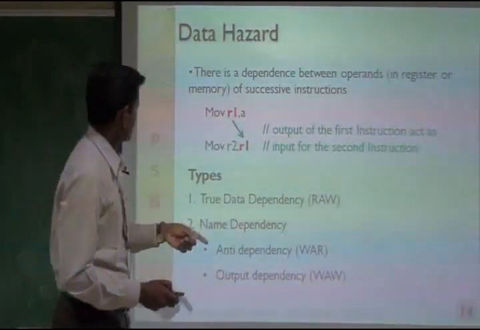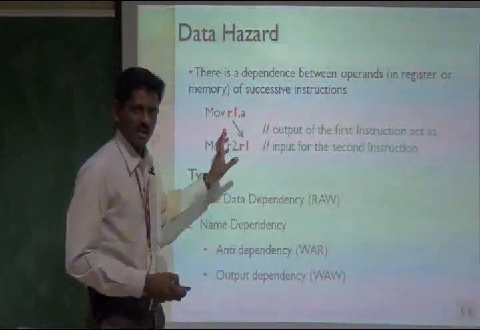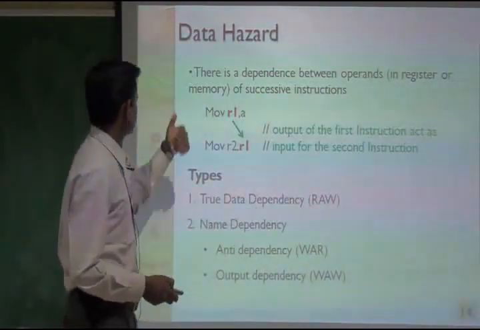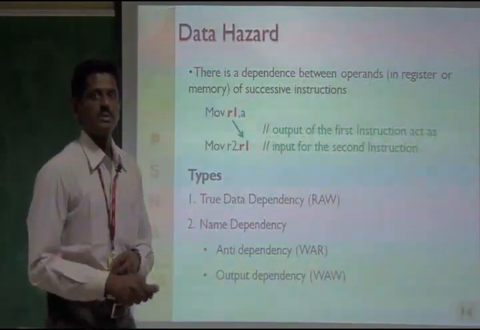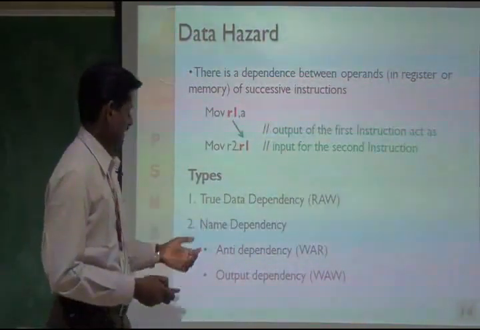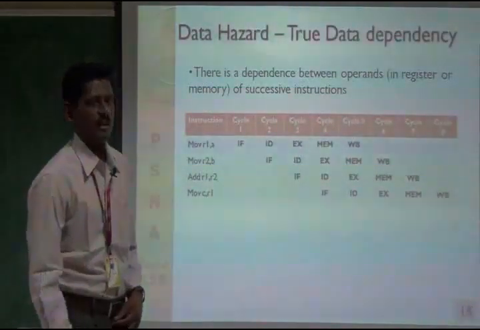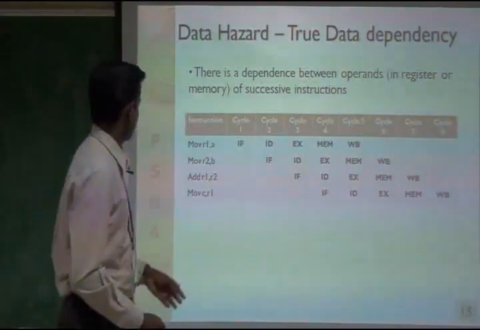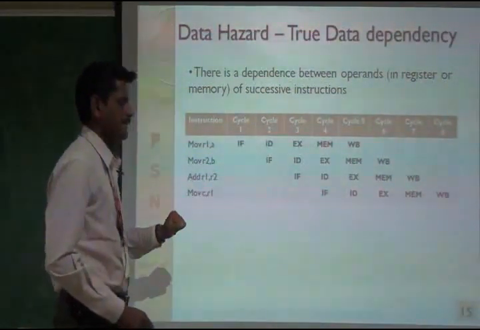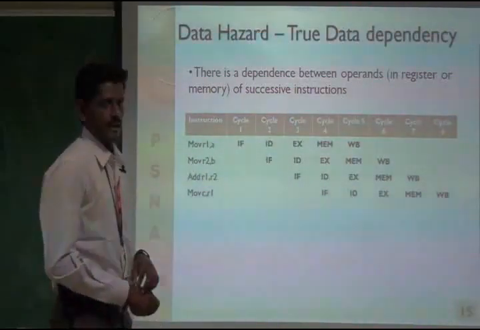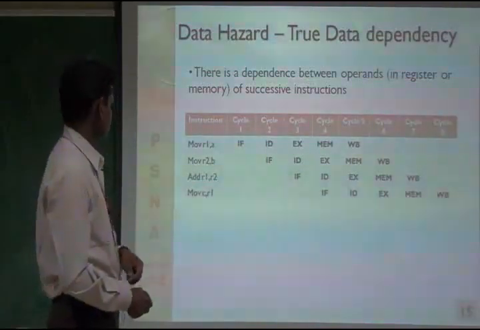So no other way, instruction 2 must wait for the completion of instruction 1, right? So that is data hazard. There are 2 types of data hazards, true data dependency and name dependency. Example for true data dependency, look at the code: move R1 comma A, move R2 comma B, and the add operation, add R1 comma R2, right?